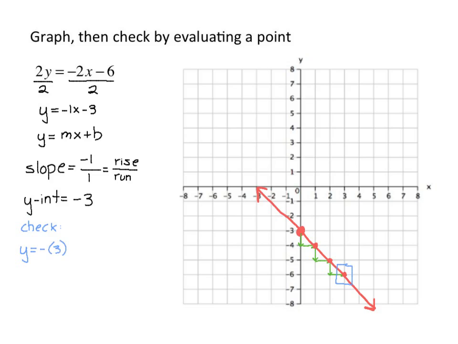And if I do negative 3 minus 3, then I can confirm that y would equal a negative 6. So just to confirm, I plugged in a positive 3, I got a negative 6. So this is a good way of confirming, yes, because that is that point on the graph that we found.